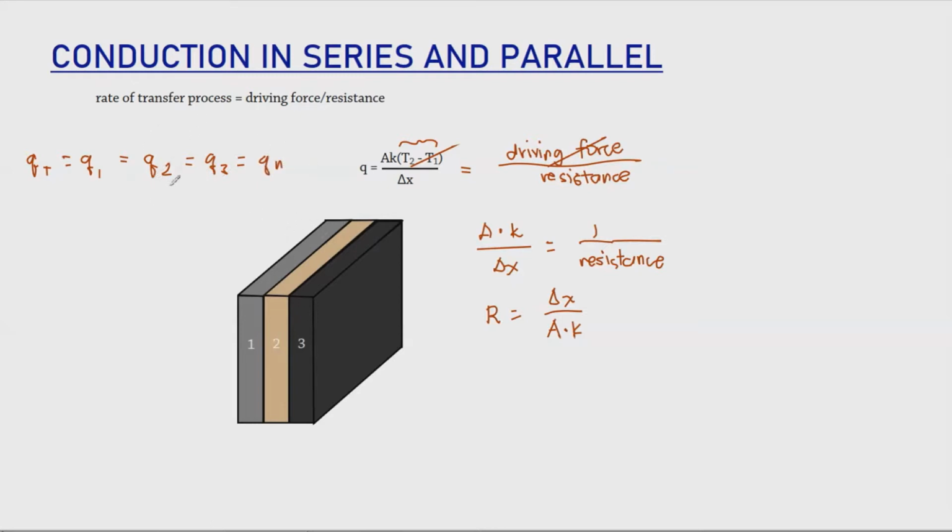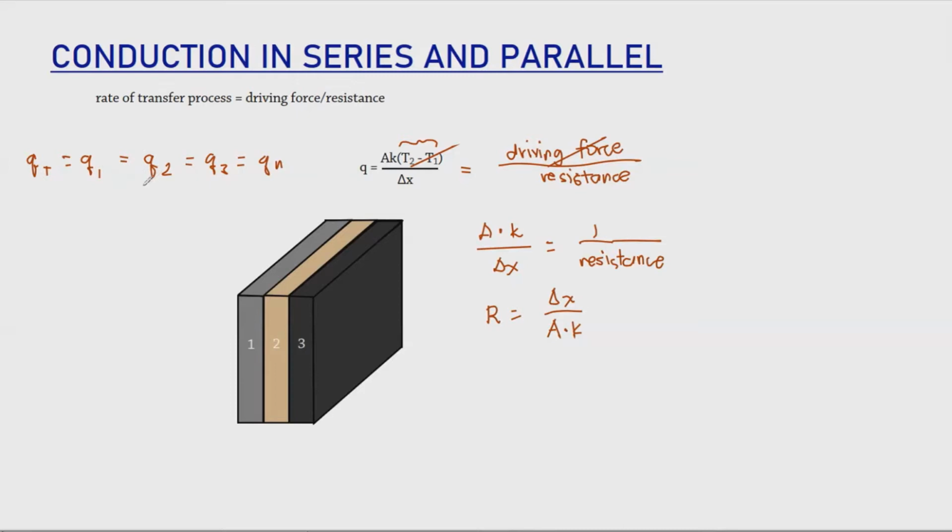And that is the same for the conduction through a sphere and for a cylinder as well. For as long as there are adjacent materials with the first one, then it will just experience the same heat loss or heat of conduction.